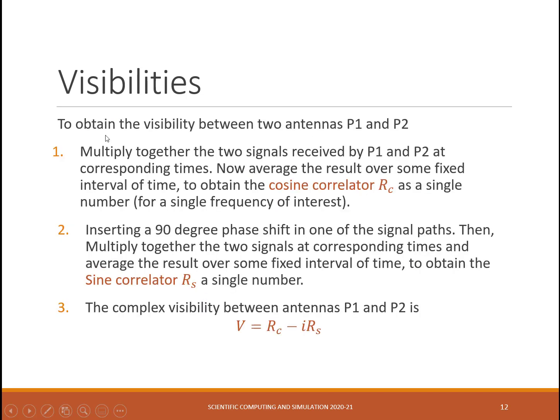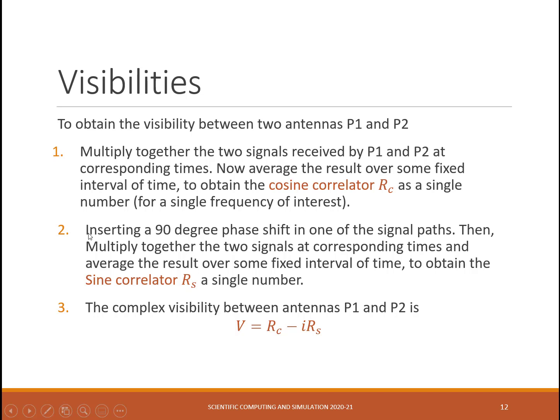In this slide, we can find the steps to obtain the complex visibility between two antennas. First, we multiply together the two signals received by two antennas at corresponding times. Then, we average the result over some fixed interval of time to obtain the cosine correlator Rc as a single number.